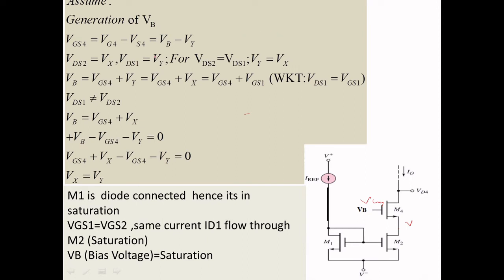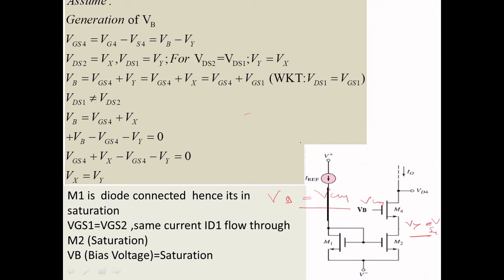We know that VG4 is nothing but VB, so I can write VG4 equal to VB, and VS4 I can write as VY. So it is replaced with VB minus VY.